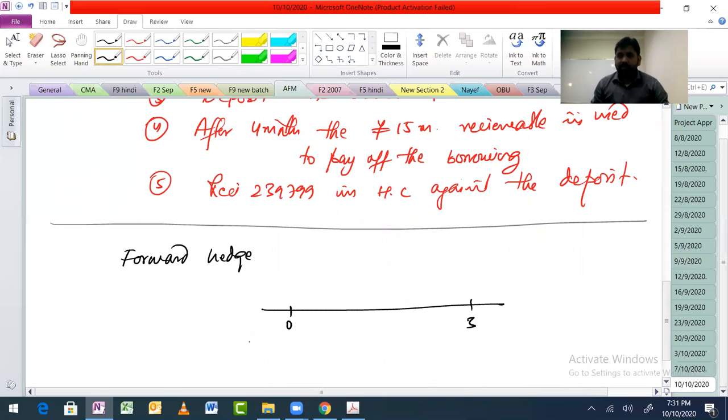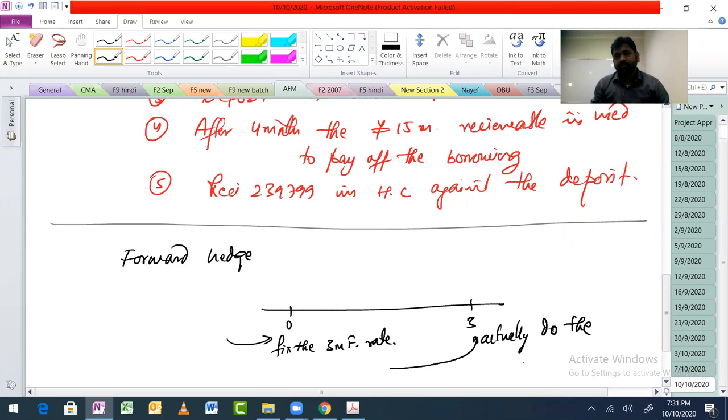So today you go into the market, fix the 3 months forward rate. And then on this day, you actually do the transaction. So it is simple, right?